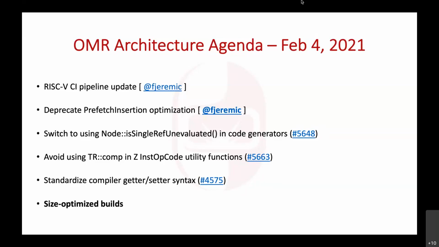I know JIT Builder saved about a megabyte of size in the JIT Builder library when Luke did that. It was actually Shelley who started that refactoring work, and then Luke went through and completed the initialization so that you wouldn't have to have all of the optimizer, even if you weren't using all of it.